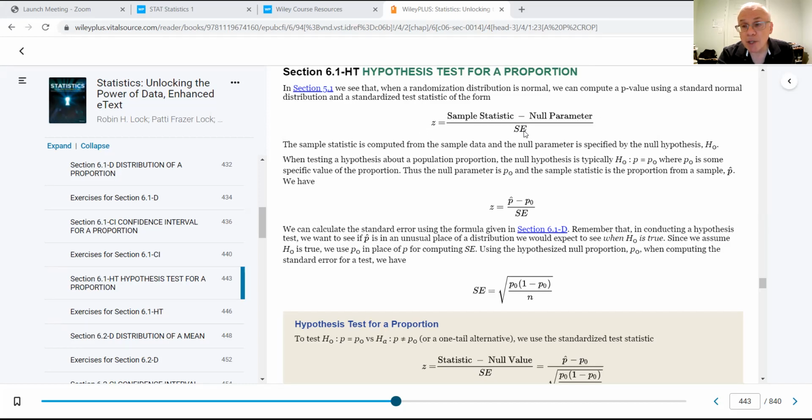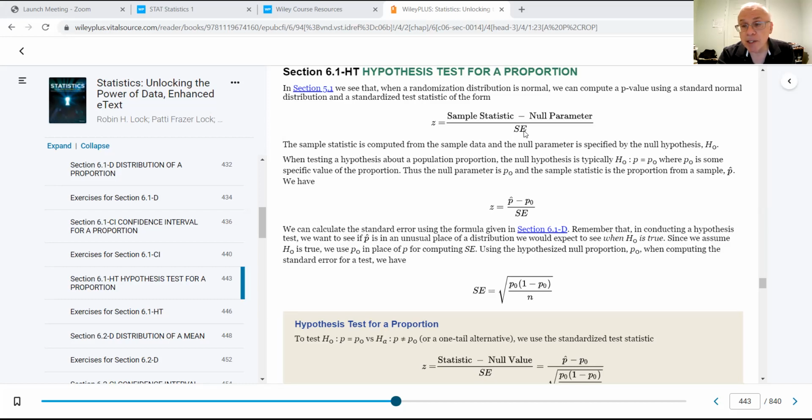Instead of having the standard error from a randomization hypothesis test, which is simulated, we're going to use an actual formula. Now, the formula comes from where? It comes from the last section that we talked about.